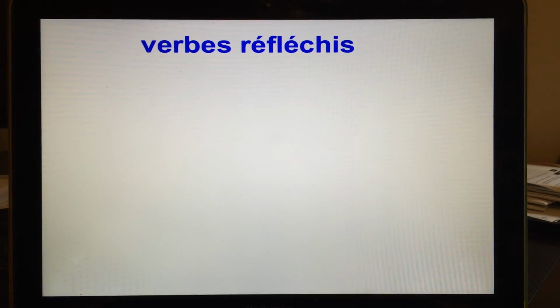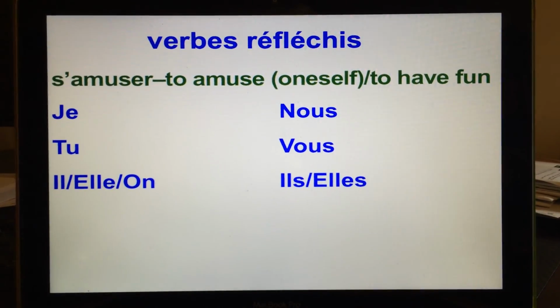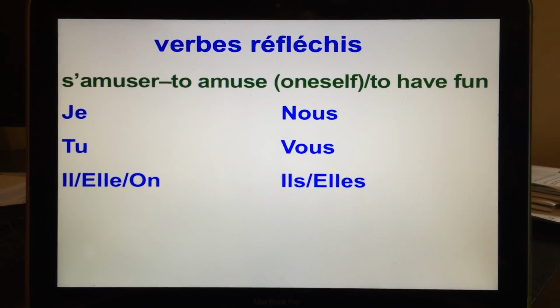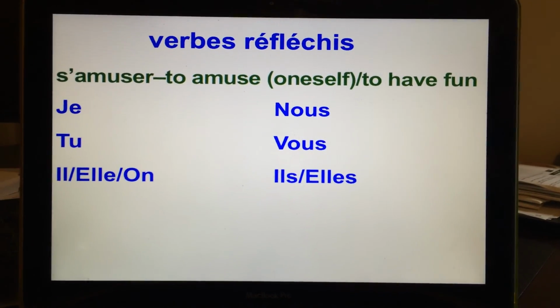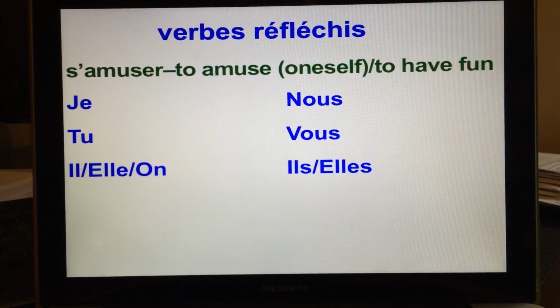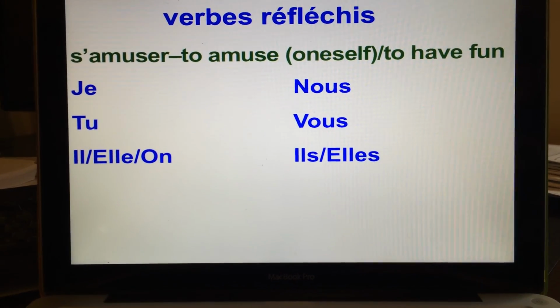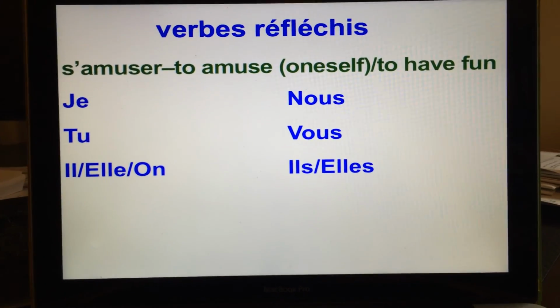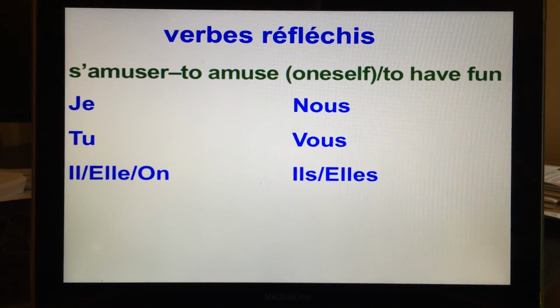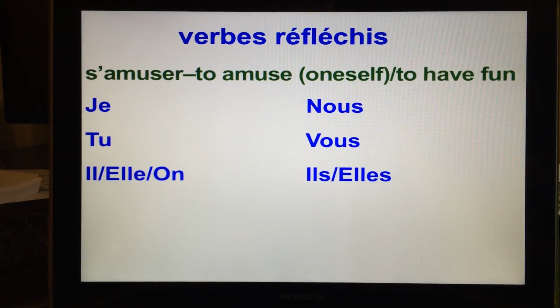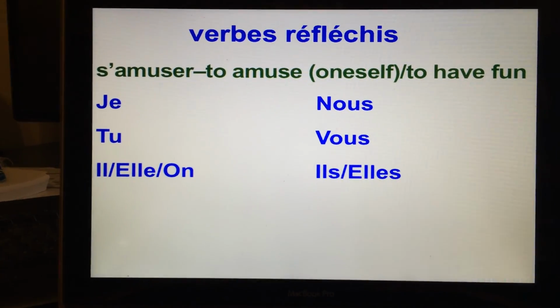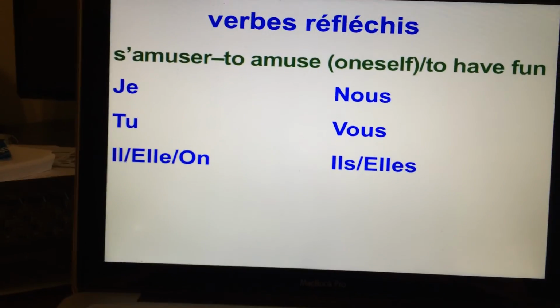Okay, so we're going to look at another example of a reflexive verb here, and it's the verb s'amuser, which is literally to amuse oneself, but it's basically the French way of saying to have fun, right? The reason that I wanted to look at this verb is because the verb amuser starts with a vowel sound. So that's going to change some of our reflexive pronouns, okay?